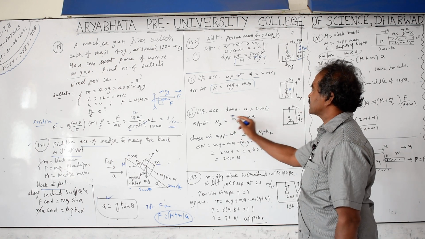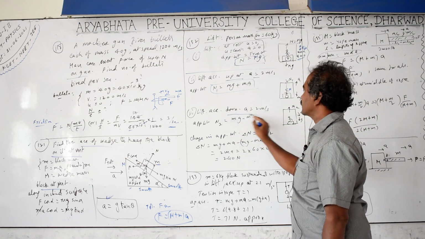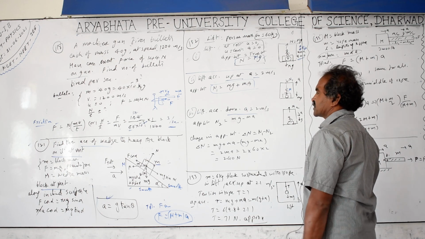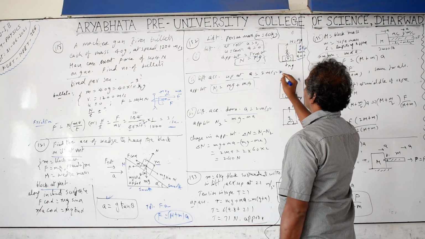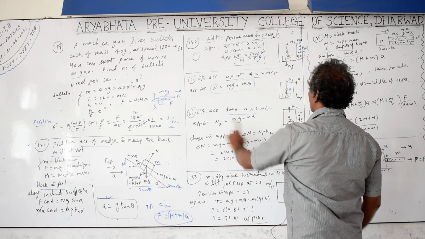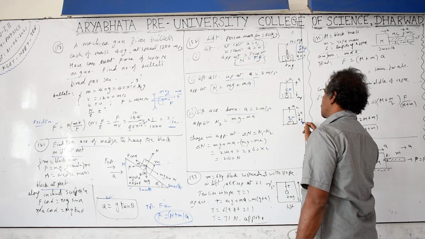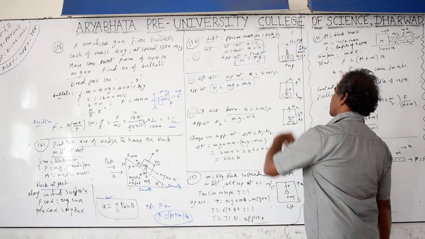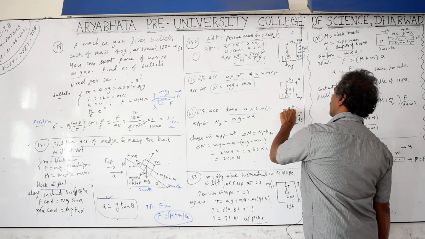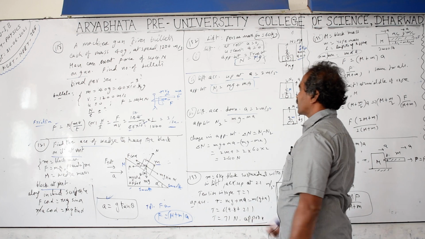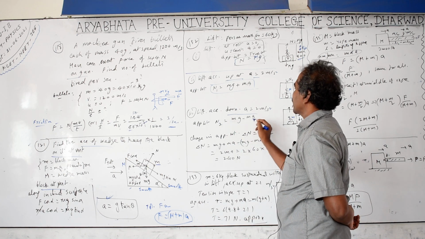Next case is lift is accelerating downwards with acceleration a equal to 2 meter per second square. Apparent weight is nothing but equal to, now mg is downwards, this person's weight is m into g, mg is downwards, normal direction upwards, so mg minus N2 equal to ma. The result becomes N2 equal to mg minus ma.